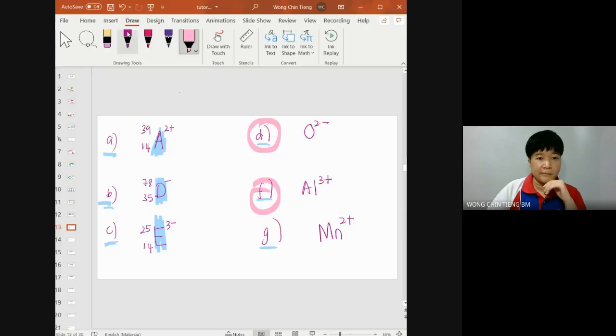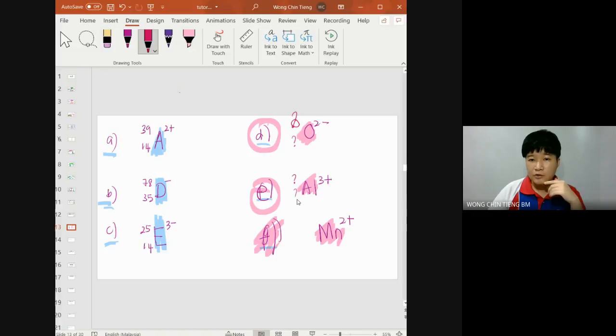My D, E, F over here, obviously, they are species in your periodic table. This is oxygen, aluminium, manganese. And I'm not giving a number over here. All right, what is the number? Are you going to tell me your oxygen having 0 nucleon? 0 proton? Are you serious?